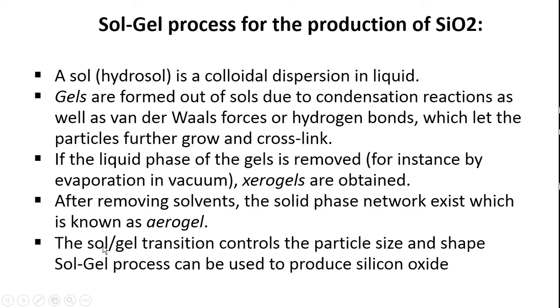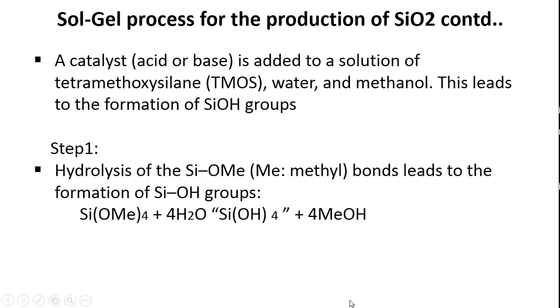Okay. The sol-gel transition controls the particle size and shape. Sol-gel process can be used to produce silicon oxide. A catalyst, acid or base, is added to a solution of tetramethoxysilane, TMOS, water and methanol.